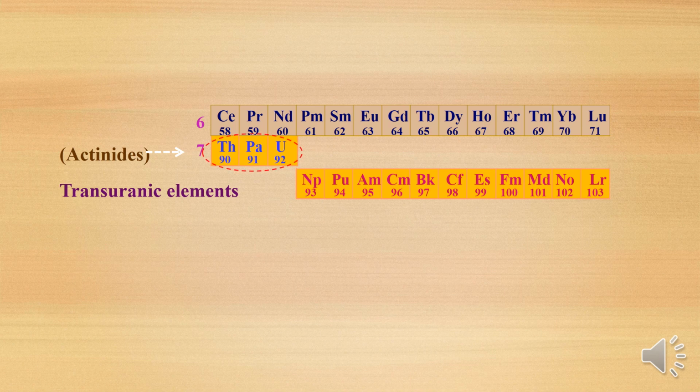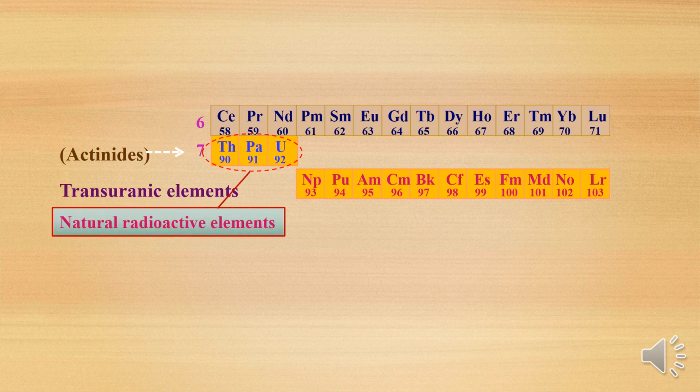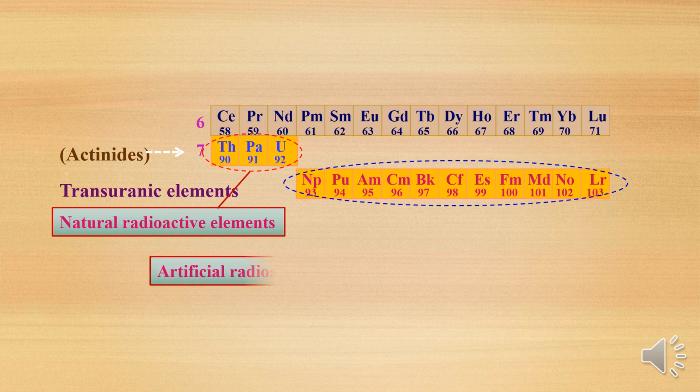Now, atomic number 90, 91, 92 are called natural radioactive elements. Then the transuranic elements or uranides are artificial radioactive elements.